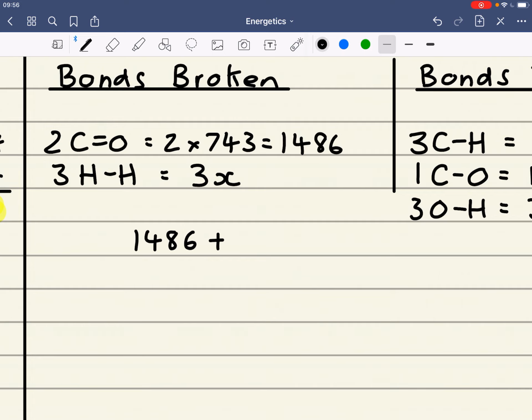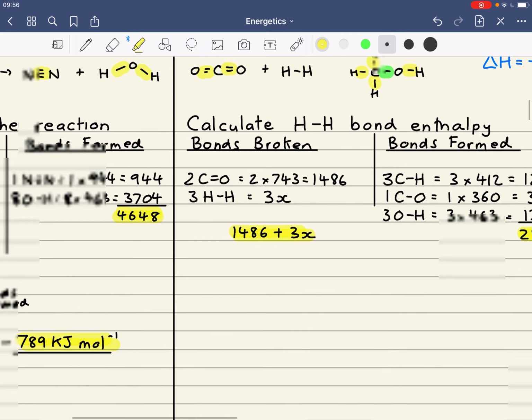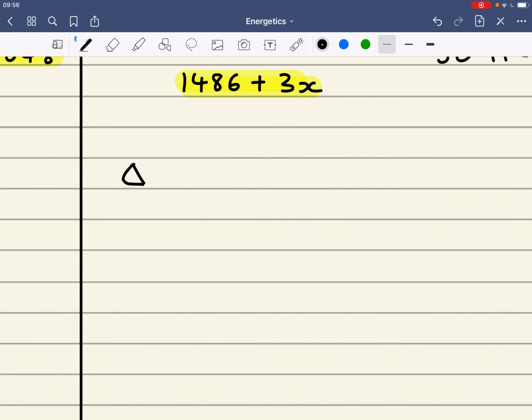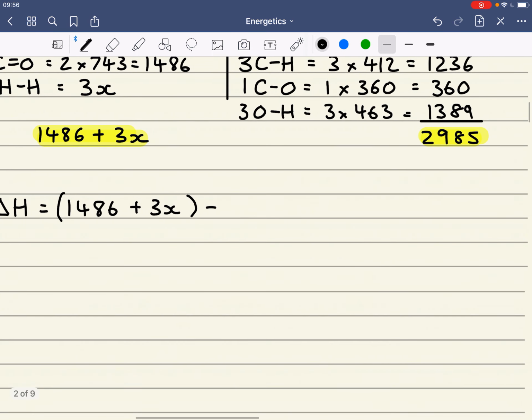1486 plus 3x. So again, if I use my equation that I've looked at here, then my delta H is equal to 1486 plus 3x minus 2985.